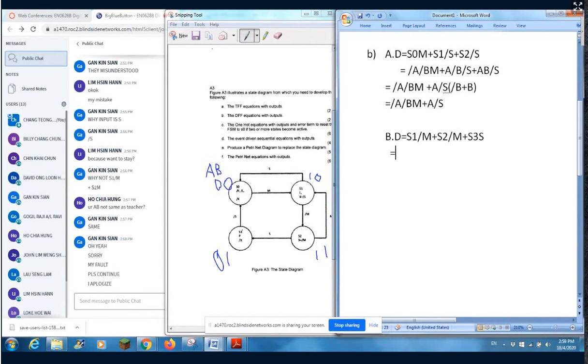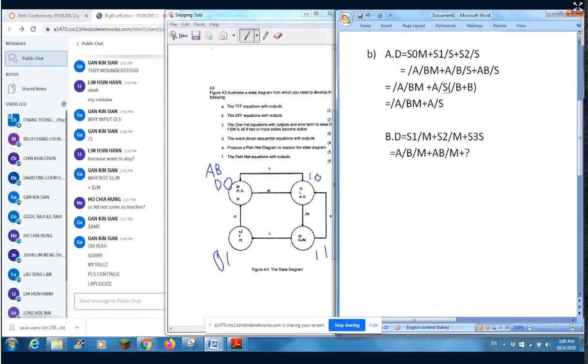Okay, so then we convert, replace your S1 with your secondary state variable. S1 is A, B bar, M bar, or with S2. S2 is AB, M bar, or with S3.